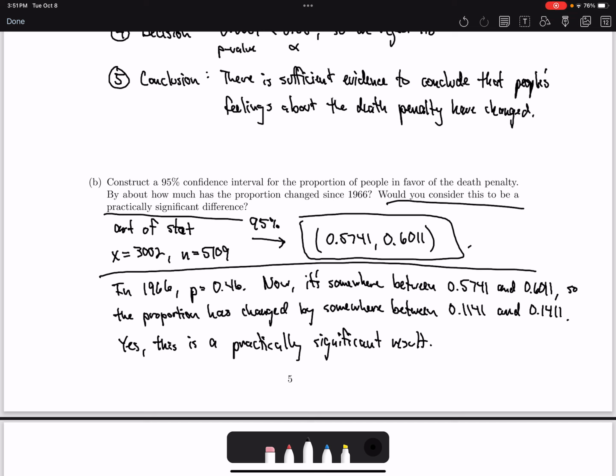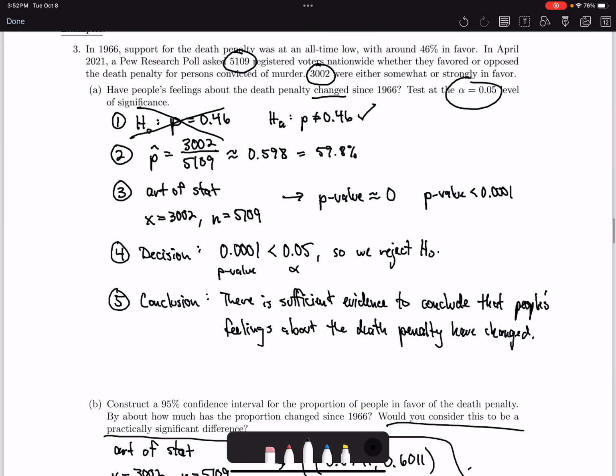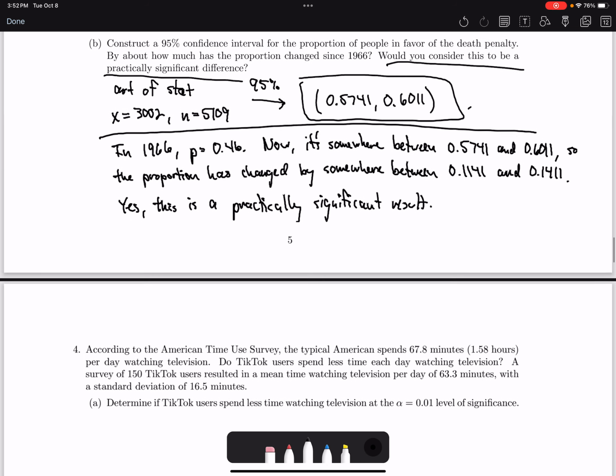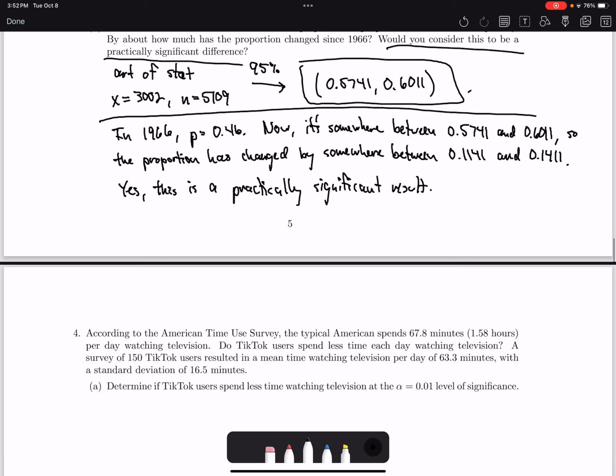That's very practically significant. So this was an example where we had statistical significance because our p-value is small, but we also had practical significance because at the very least, the proportion has changed by 11%. So that's a huge difference.